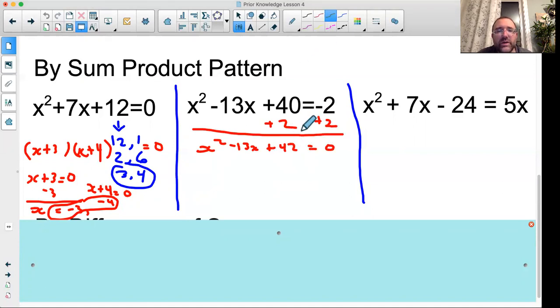Now, like we did earlier, list all the factors of 42. 1 and 42, 2 and 21, and 3 could go into 42.